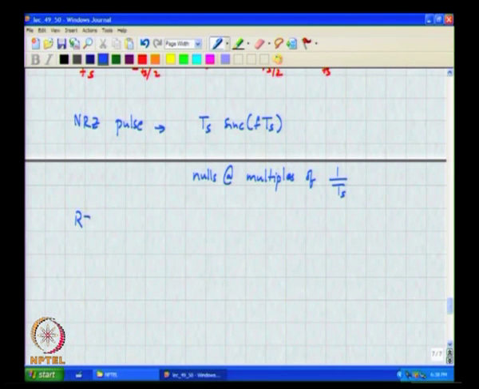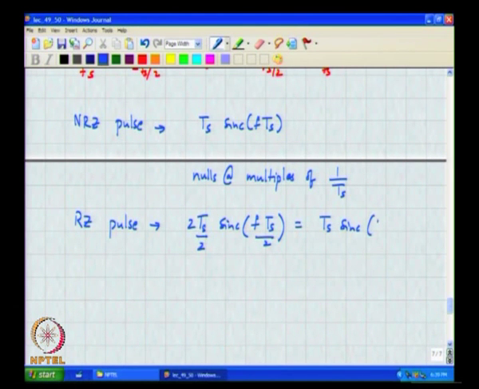For a return to 0 pulse, it is T s by 2 sinc f times T s by 2, which is the same as T s sinc of f T s by 2, which means this has nulls at even multiples of 1 by Ts.